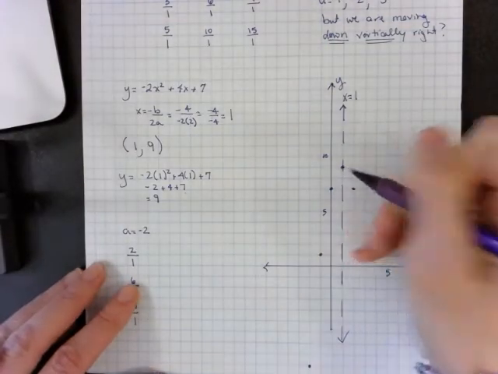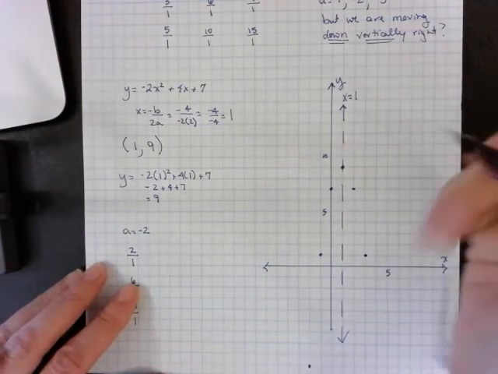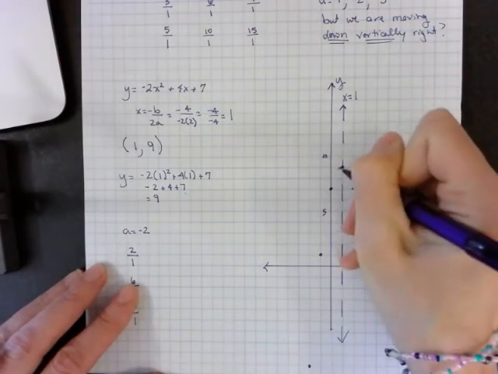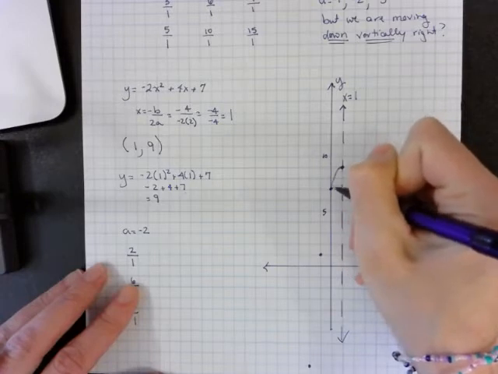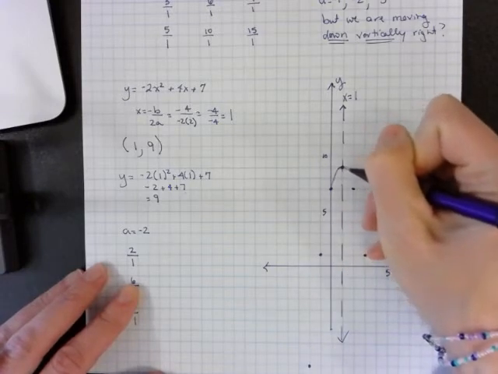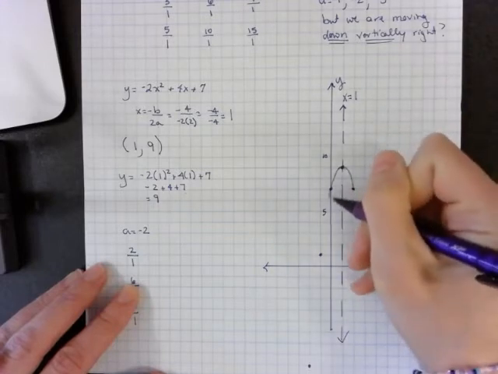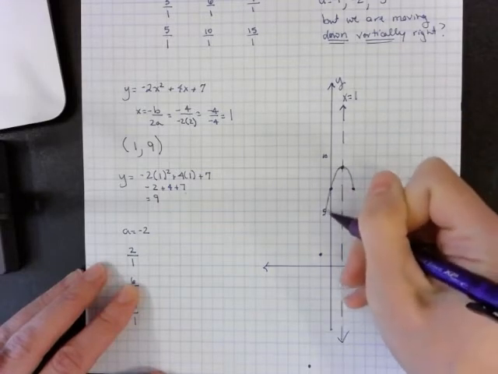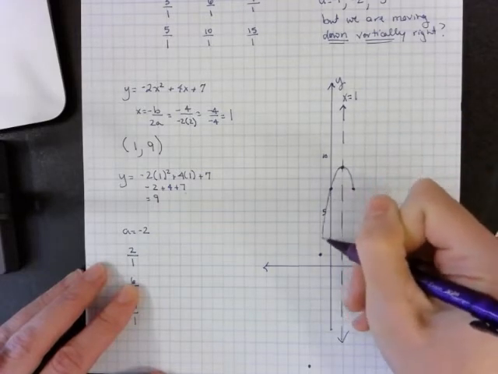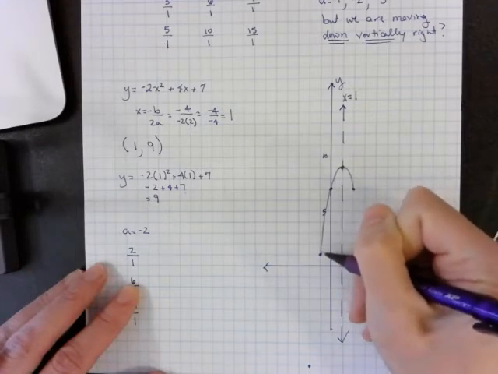And now I have this beautiful symmetrical shape. I have to do my best to really make this look like a U, so I'm going to lift up my pencil as I make that U. Okay? And again, we know that it's not a perfectly straight line, it's a curve. So we just have to do our best to be as artistic as we can.